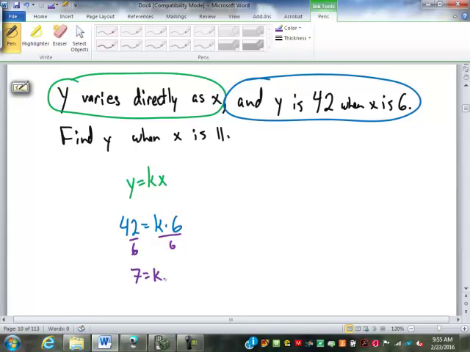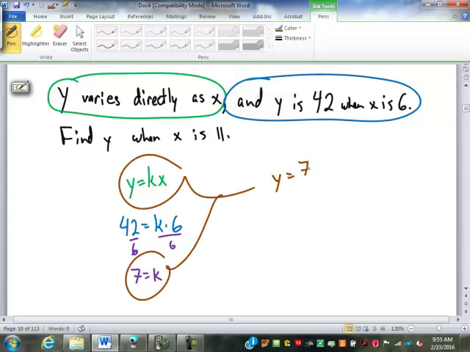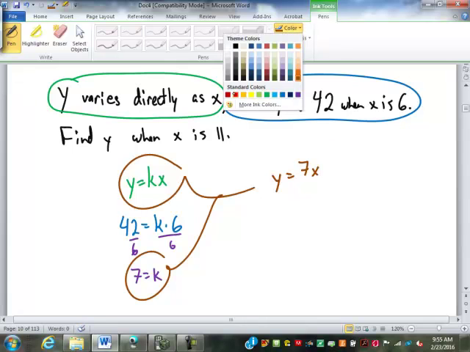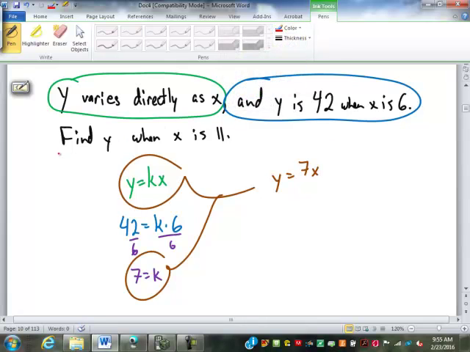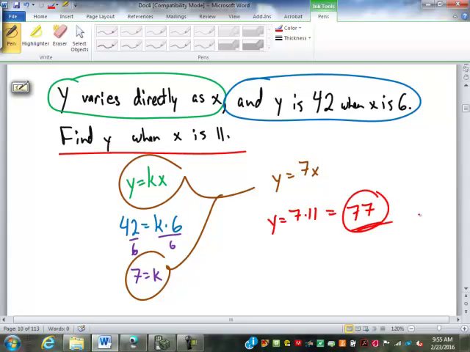So 7 equals k, and then so y equals 7x. And then find y when x is 11, so 7 times 11 is 77 equals y. How many of you had 77?